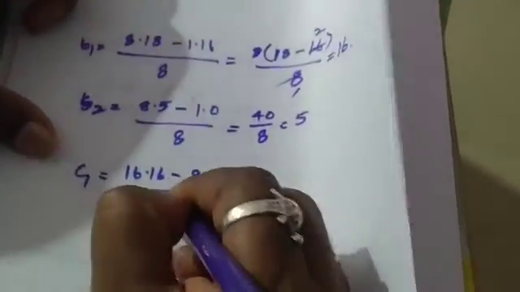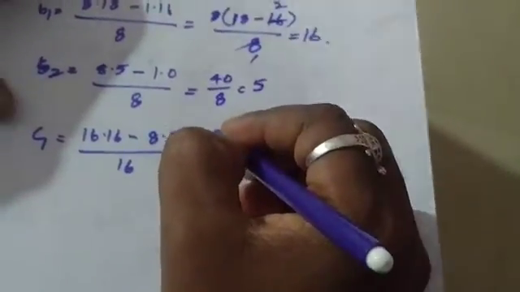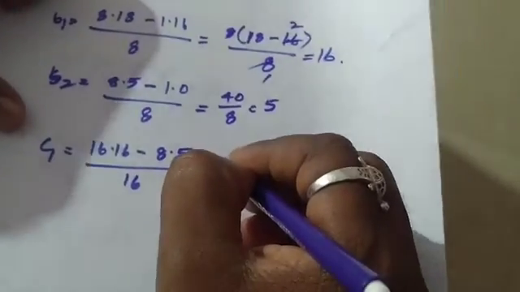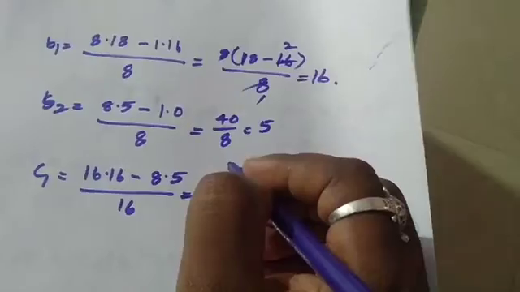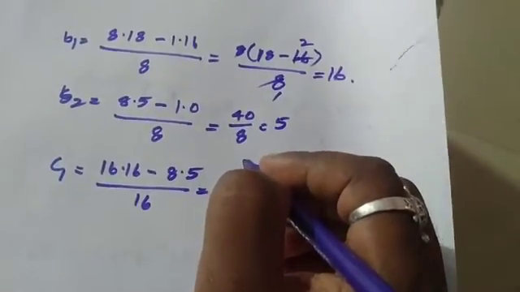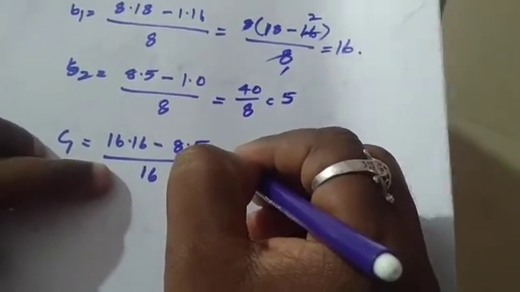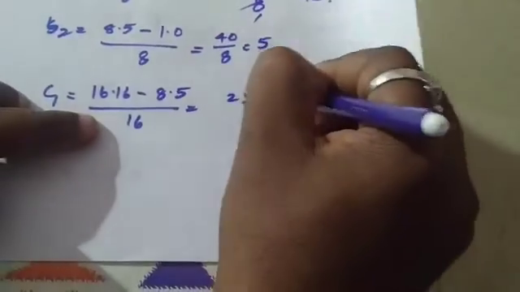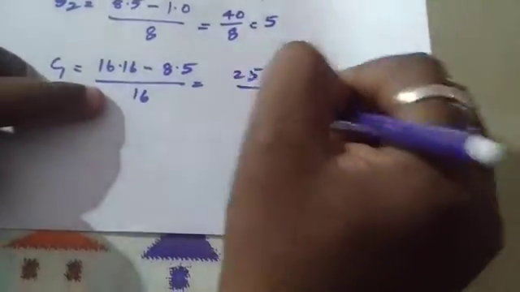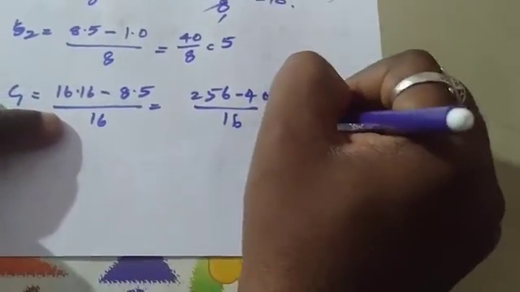So 16 into 16 is 256, minus 40, divided by 16. So 256 minus 40 means 216 divided by 16. You are getting like this.